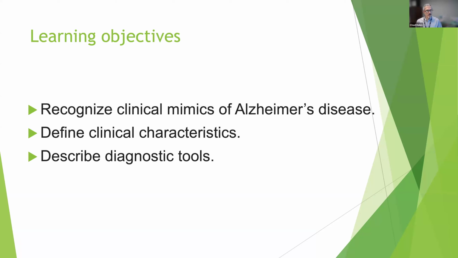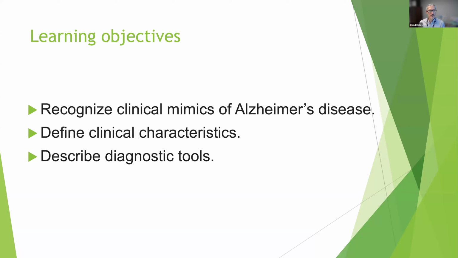So the main goal is I thought it would be a good opportunity to chat about clinical mimics of Alzheimer's disease, because I feel like we often get stuck in a pattern of seeing our patients in the cognitive clinic and thinking quite commonly that, well, common things being common, it's probably Alzheimer's disease if they have memory loss.